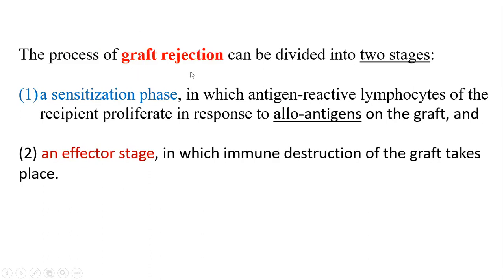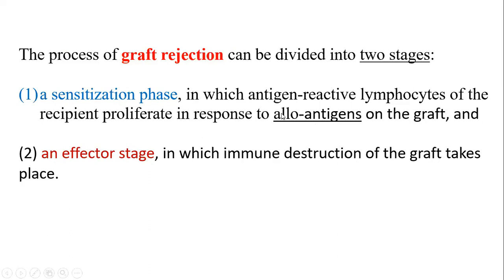Likewise, the graft rejection process also involves two stages, two steps. The first step is called the sensitization phase, in which antigen reactive lymphocytes of the recipient recognize the alloantigens on the graft and slowly proliferate, trying to make sure that this antigen is an alloantigen coming from the graft, a foreign tissue.